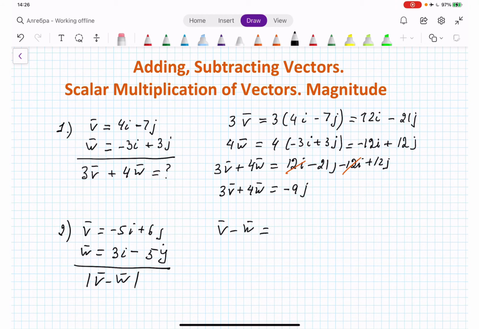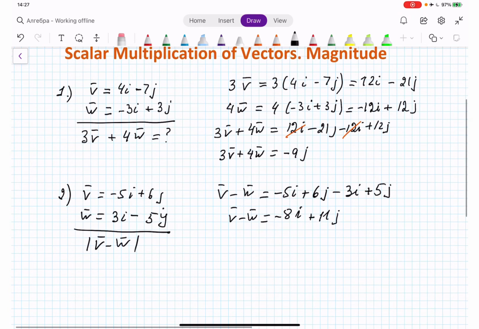This is going to be negative 5i plus 6j minus 3i plus 5j. Okay, and this is equal negative 8i plus 11j.